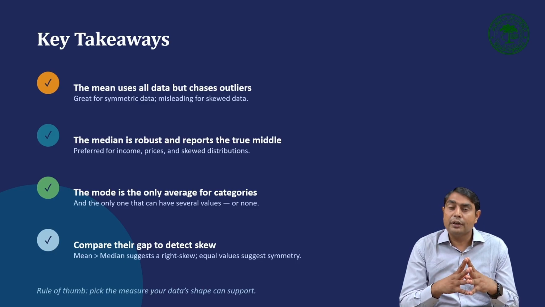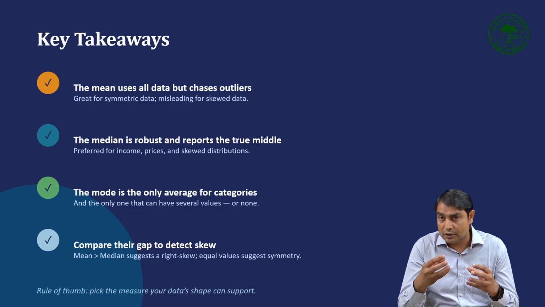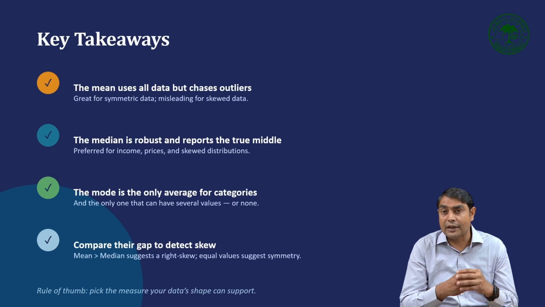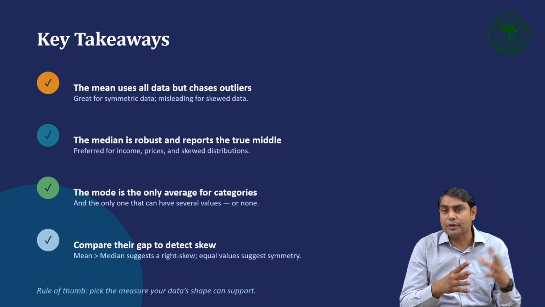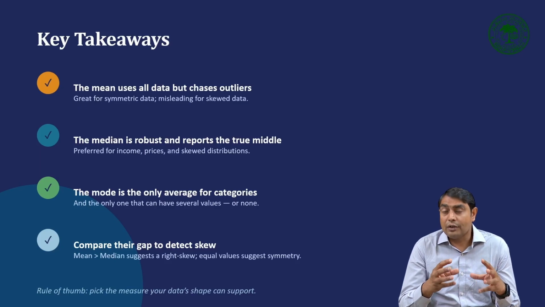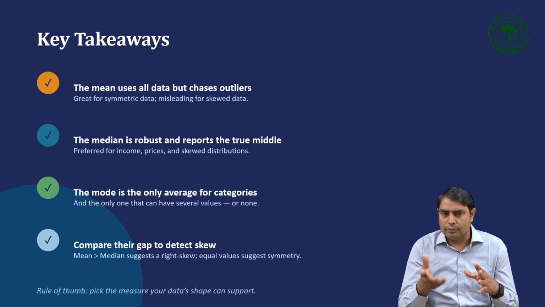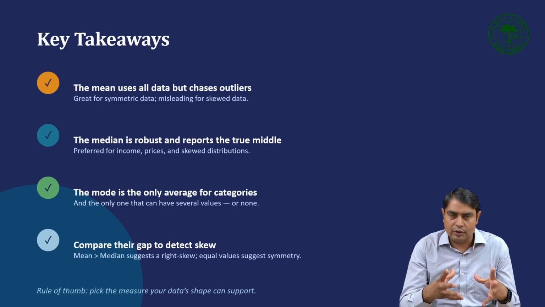But the median is not very suitable when you are using this representative of central tendency in algebraic expressions or mathematical calculations. Because obviously it is not a true representative of all the values in the data set. Okay, so median has its own limitations and own advantages.